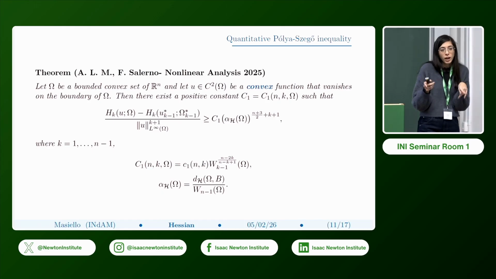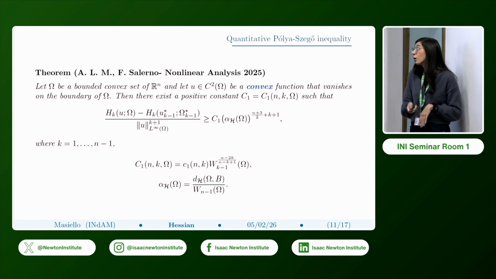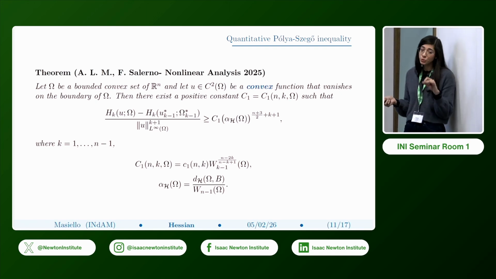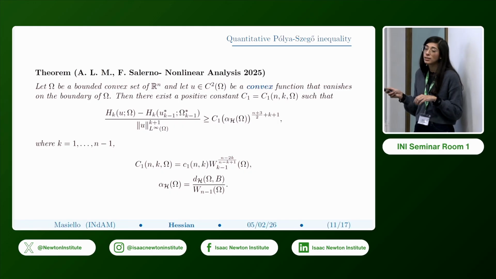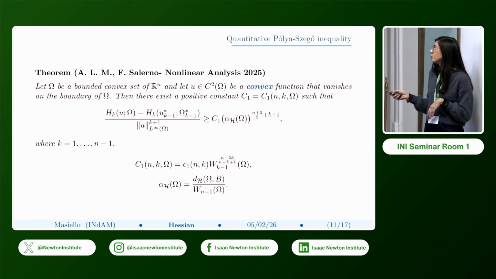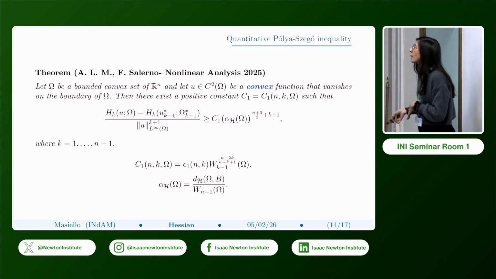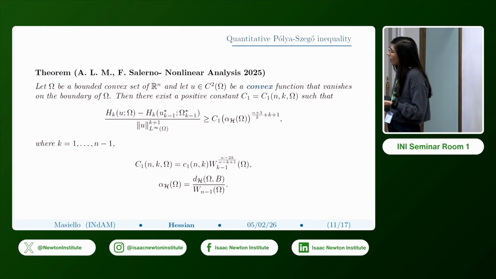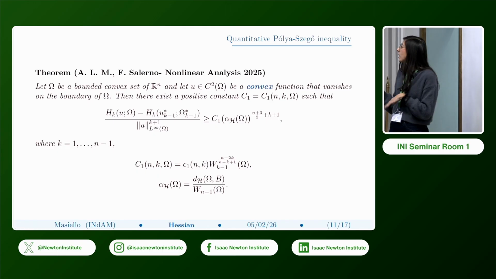And this inequality holds true with equality only if you start with a ball. And so what we do is bound from below the gap in the Pólya-Szegő inequality in terms of the distance. This distance here is the Hausdorff distance of the set omega to a ball, which is suitably chosen.